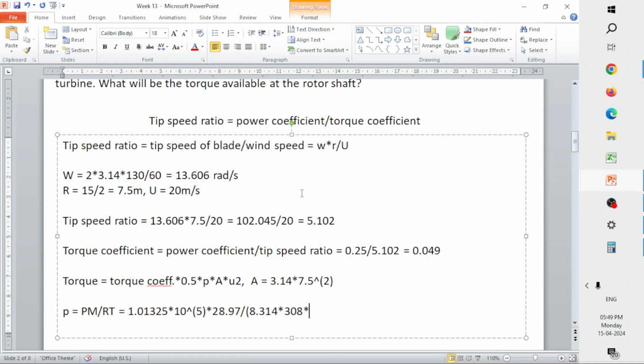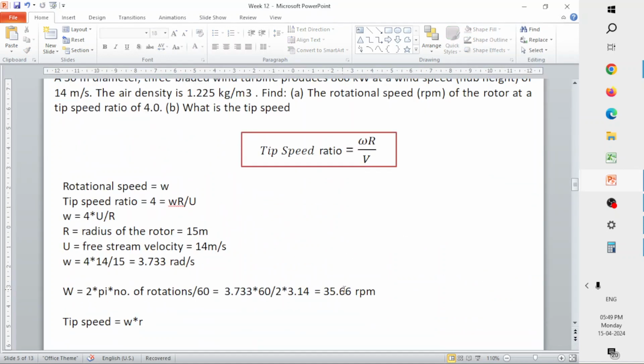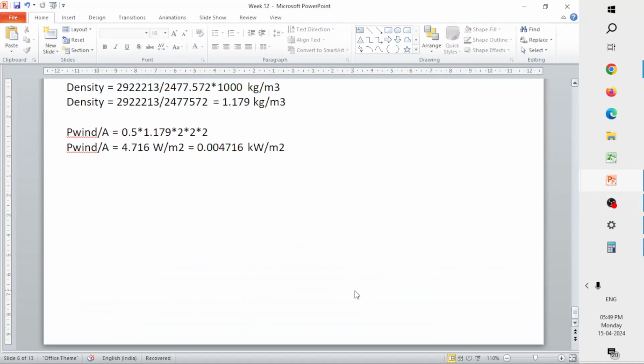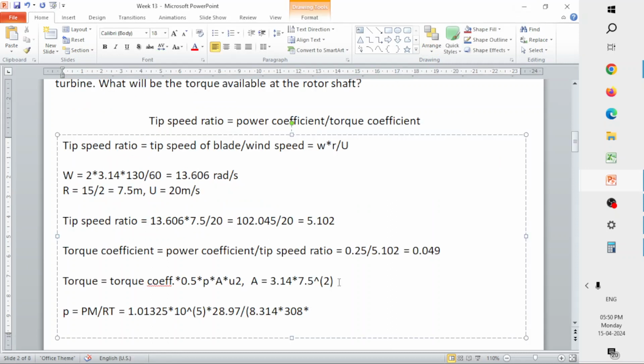Since R is expressed in kilojoule per kilomole Kelvin, we have a 1000 factor extra in the denominator. Let me just scroll back to that slide. Yes, since it is in kilojoule per kilomole Kelvin, we are supposed to express that kilojoule in terms of joule, so we will have a 1000 additional factor in the denominator. Now we calculate the density.